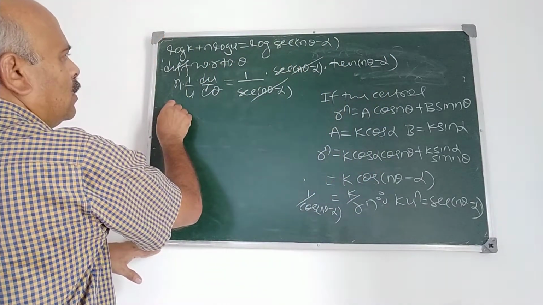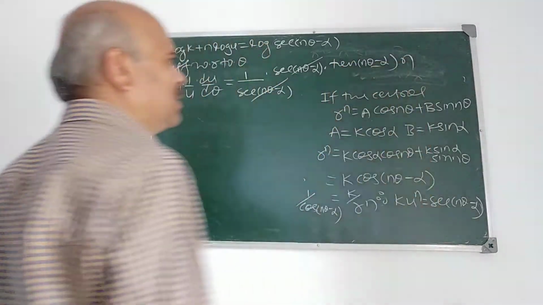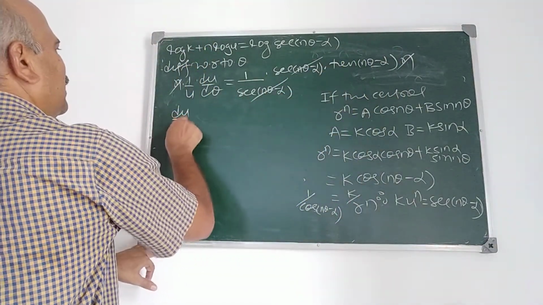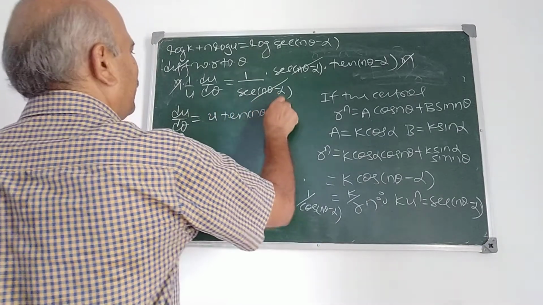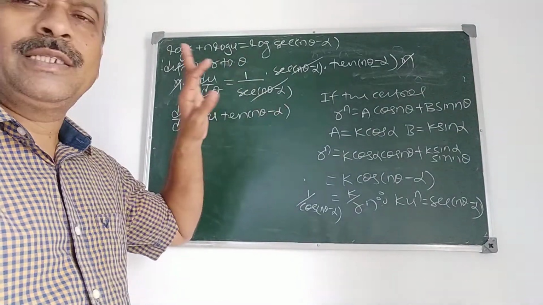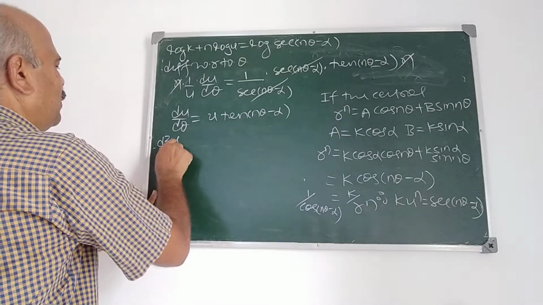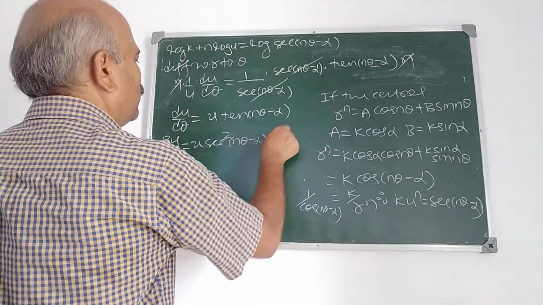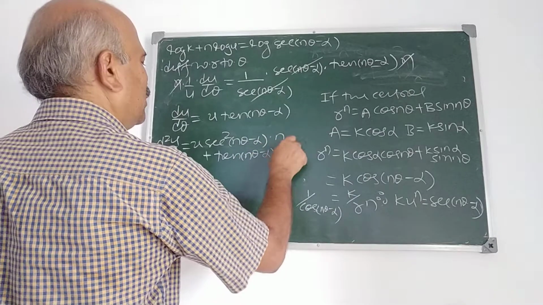So sec n theta minus alpha, tan n theta minus alpha, into n is there. This n cancels. So du by d theta is u into tan of n theta minus alpha. This is the important step. Now d2u by d theta square is u into secant square n theta minus alpha into n, plus tan of n theta minus alpha into du by d theta.